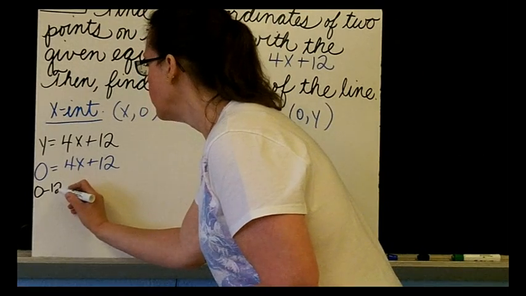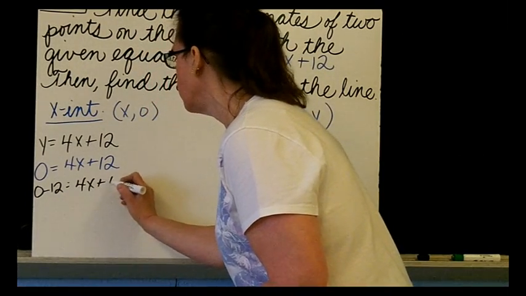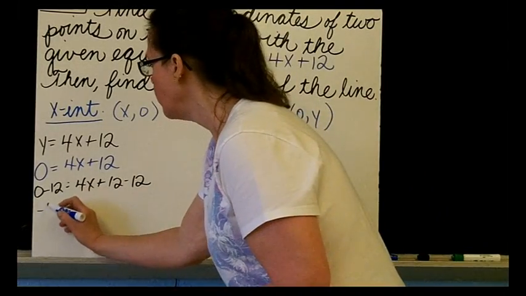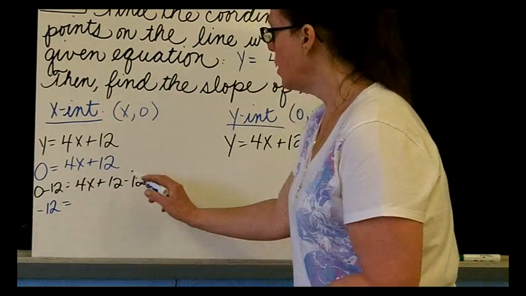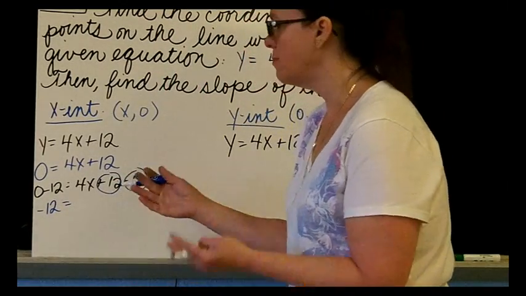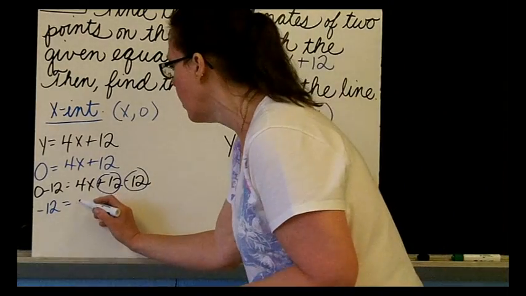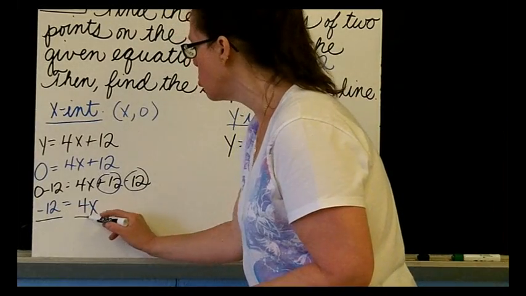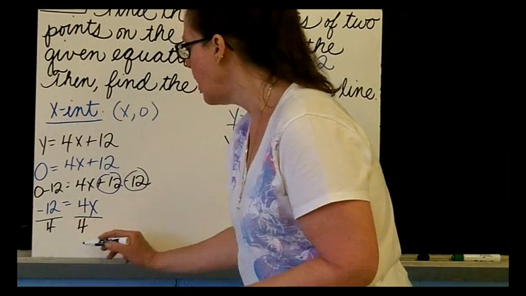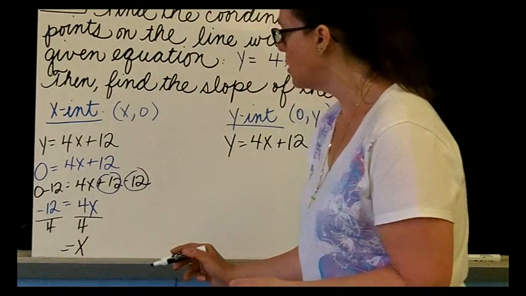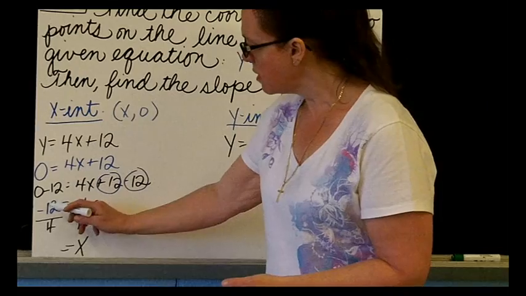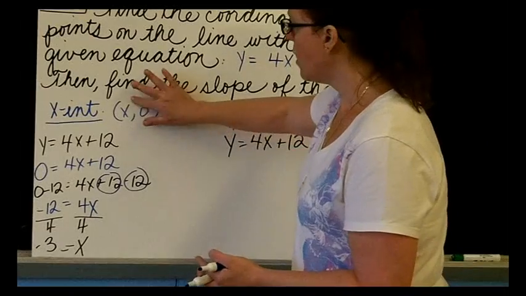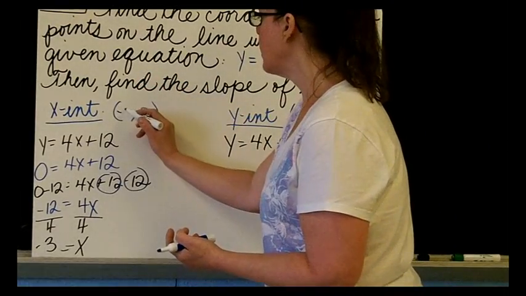So we have 0 minus 12 equals 4x plus 12 minus 12. 0 minus 12 gives us a negative 12. This positive 12 and this negative 12 together make a 0, and that leaves us with 4x. Our next step is to divide both sides by the coefficient 4, so we can have the x with a coefficient of 1. And the value here, x, is negative 12 divided by 4, which is a negative 3. So our x-intercept is (negative 3, 0).